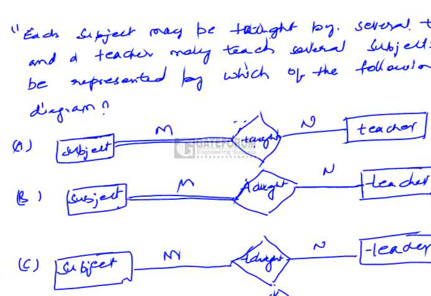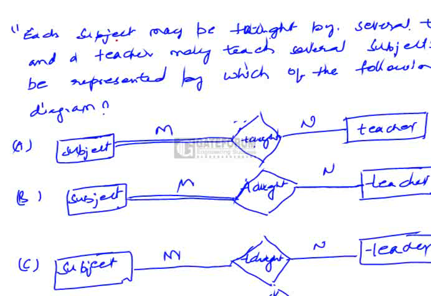Why? They are not total. Because if you see the statement, each subject may be taught by several teachers. That means there may be a subject which may not be taught by any teacher.